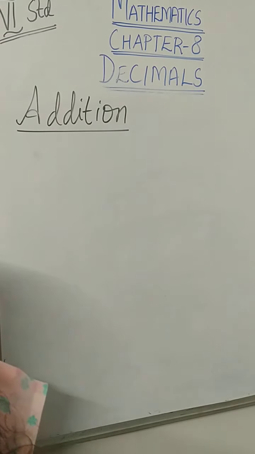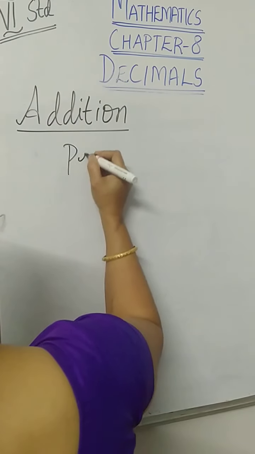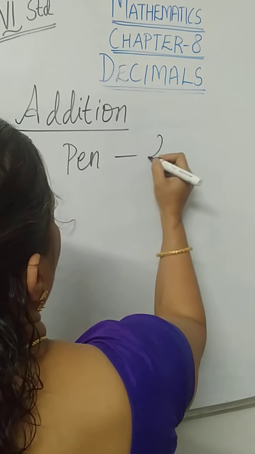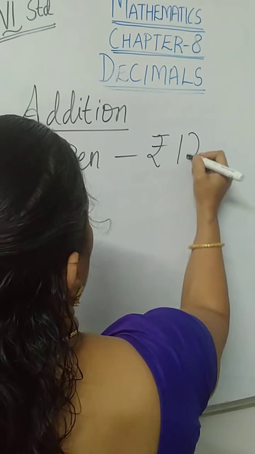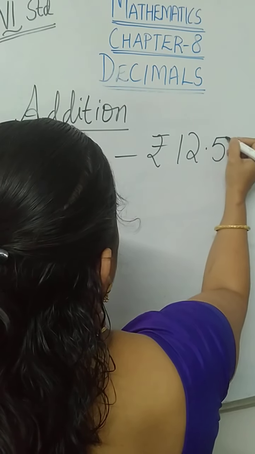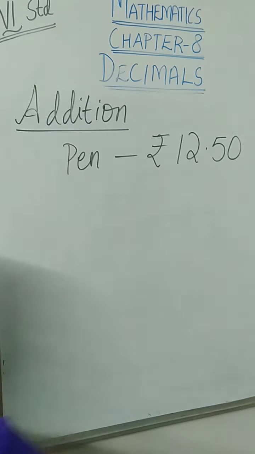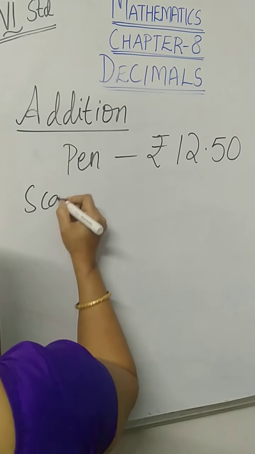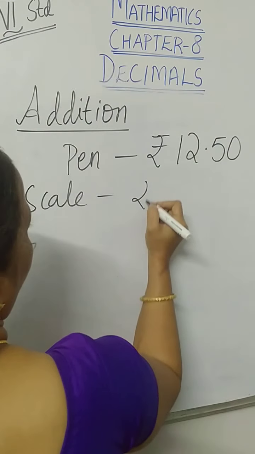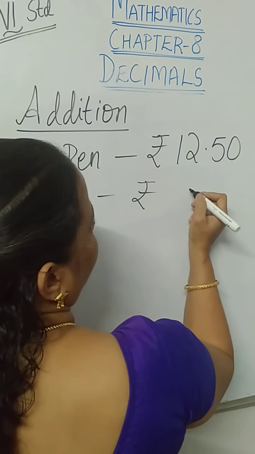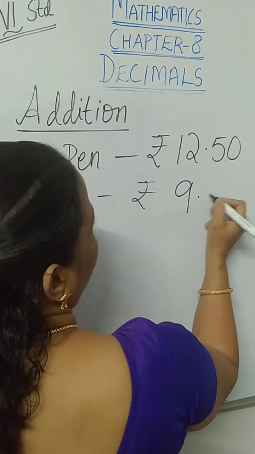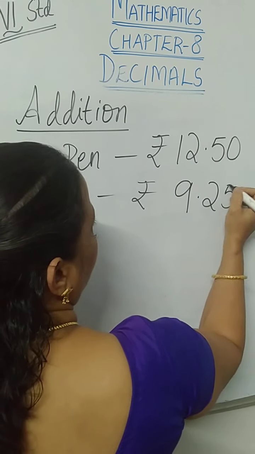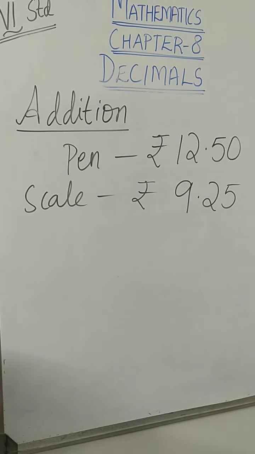For example, if you have been to a shop and you are buying a pen for rupees 12.50, that is 12 rupees 50 paisa. Also you bought a scale for rupees 9.25, that is 9 rupees 25 paisa.